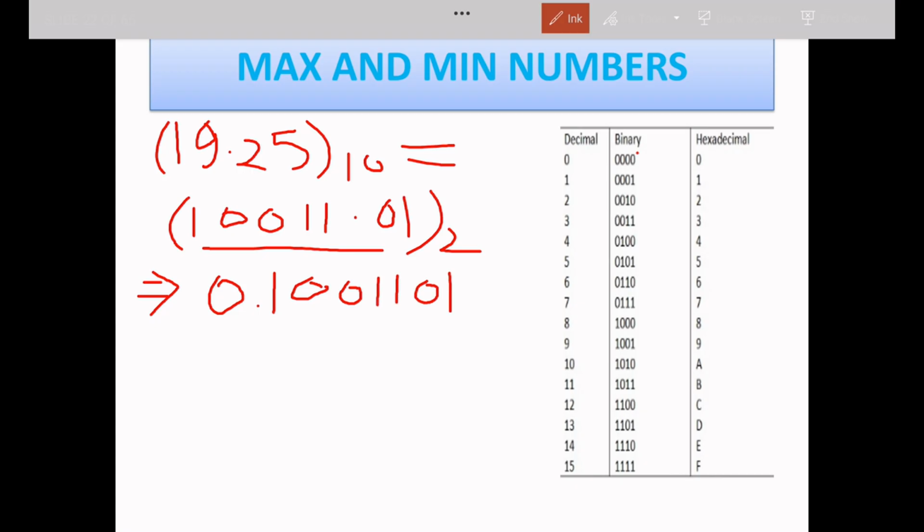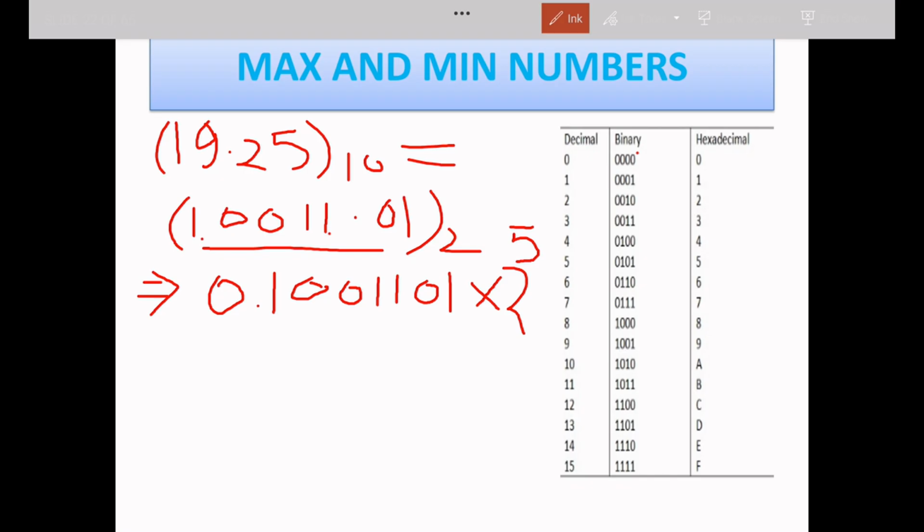I think that you understand. Then I will write here exponent 2 to the power. What is this? 1 2 3 4 5. I will write 5.